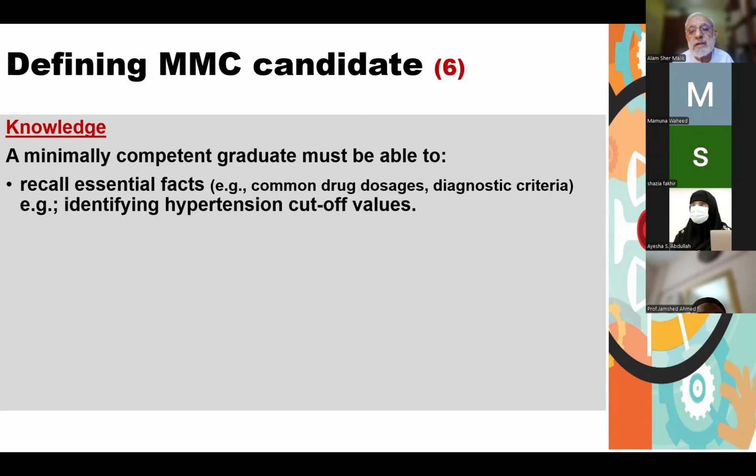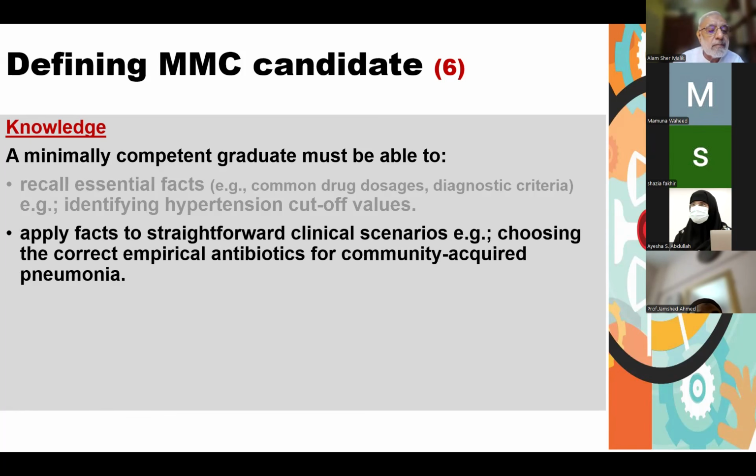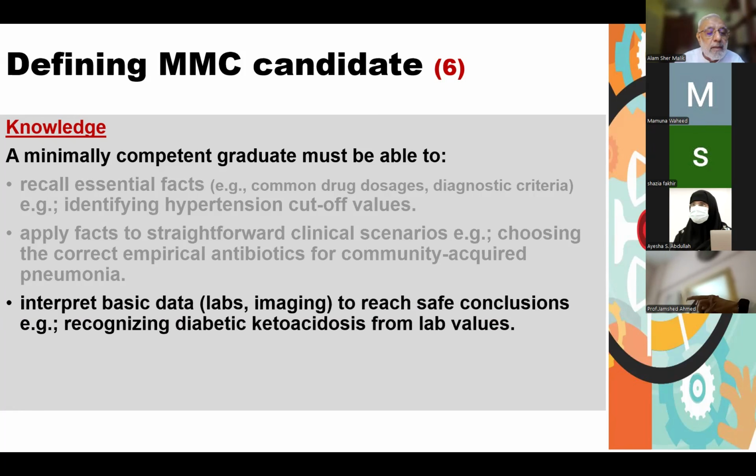For example, common drug dosages or diagnostic criteria, or identifying, for example, the hypertension cutoff values. Apply facts to straightforward clinical scenarios, for example, choosing the correct empirical antibiotics for community-acquired pneumonia.